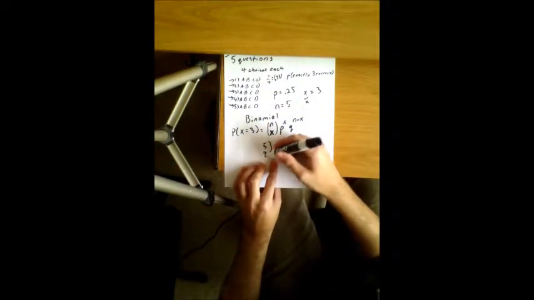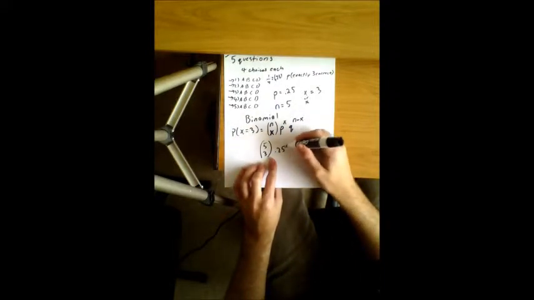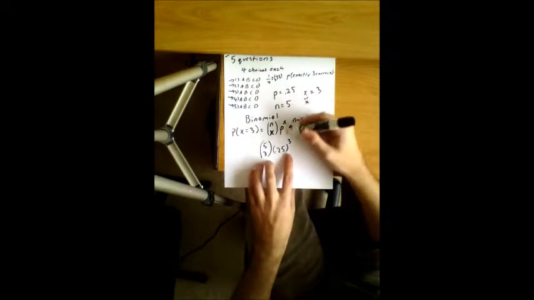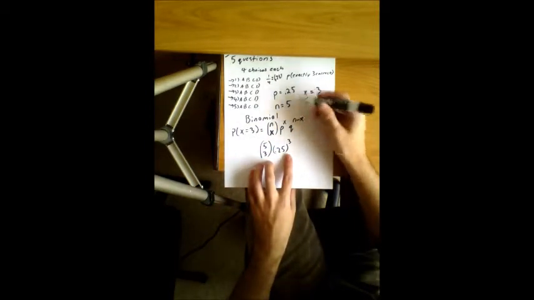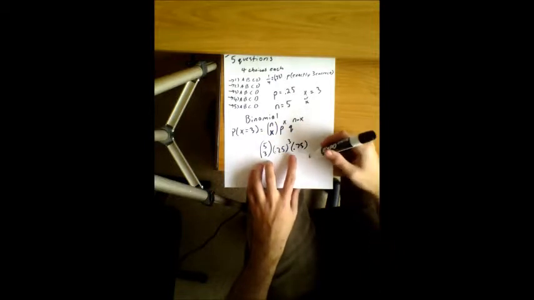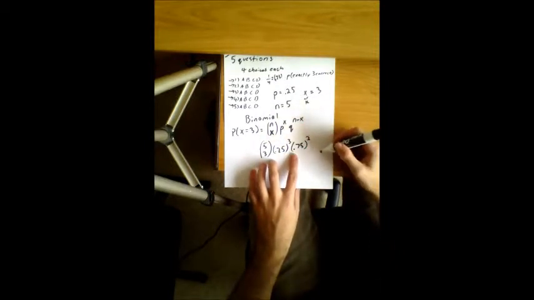We want to take 3. And p is 0.25, x is 3. q is going to be the complement of p. The probability of a failure is 1 minus 0.25, which gives us 0.75.